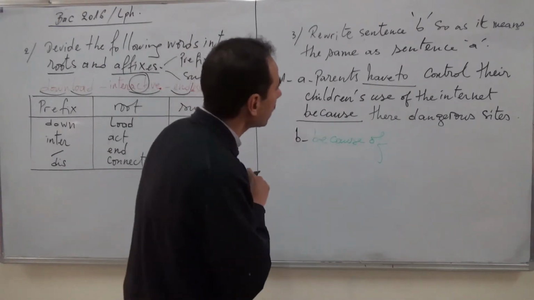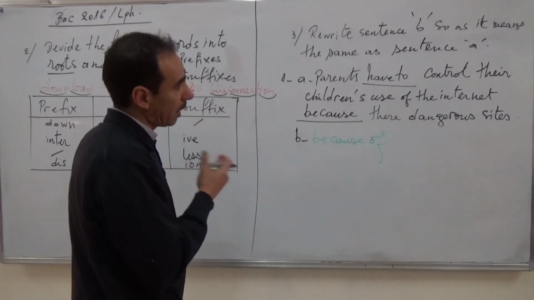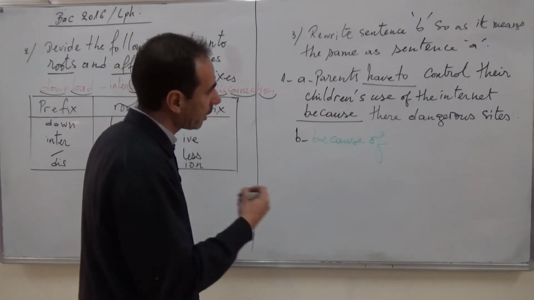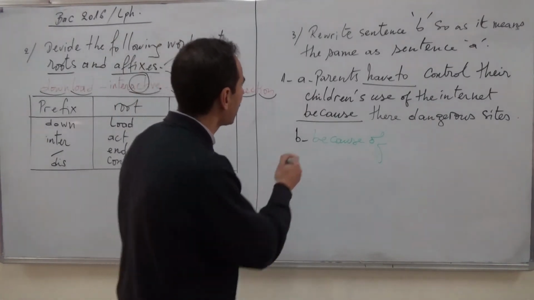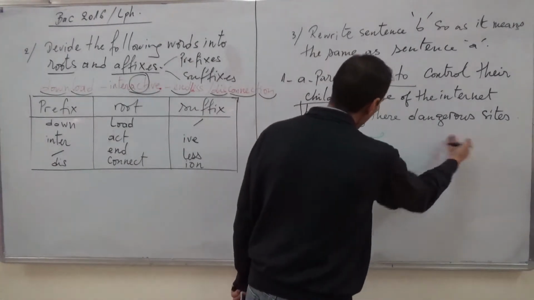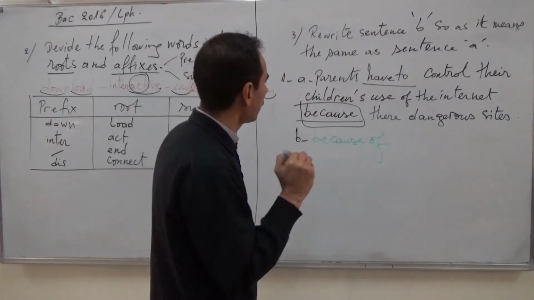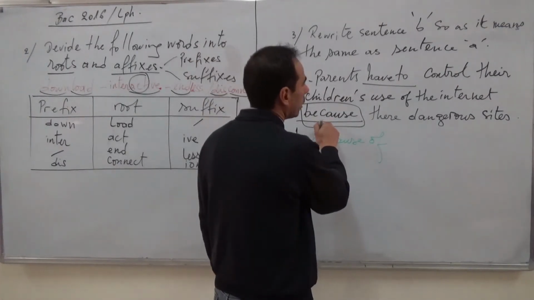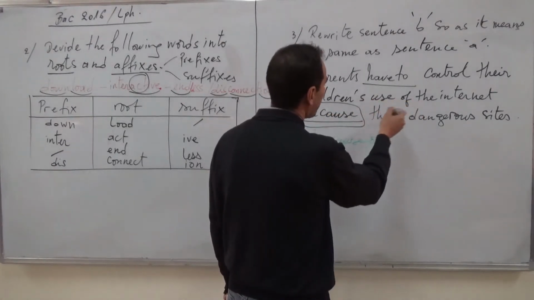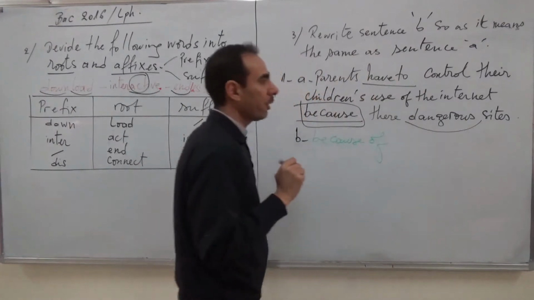Alright, here, what can I do to paraphrase and get a correct sentence instead of the use of because? Or because of, from the moment it modifies a verb? The use of the internet is dangerous, so it modifies an adjective.